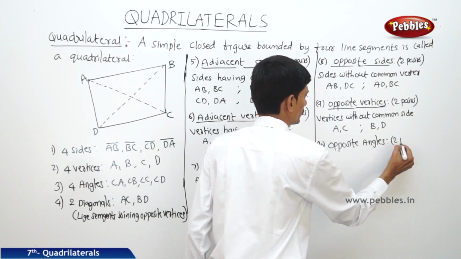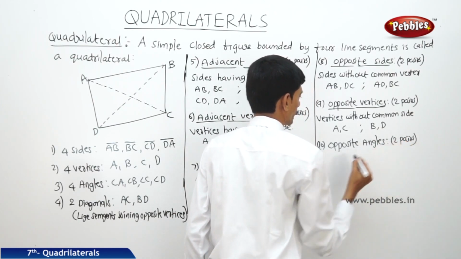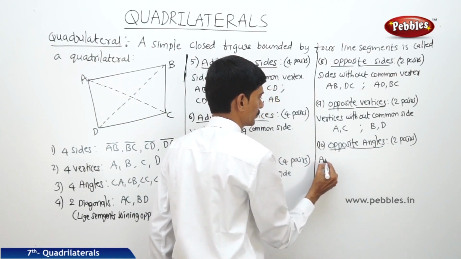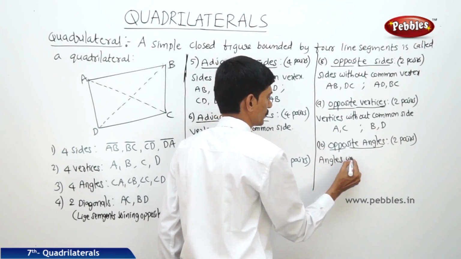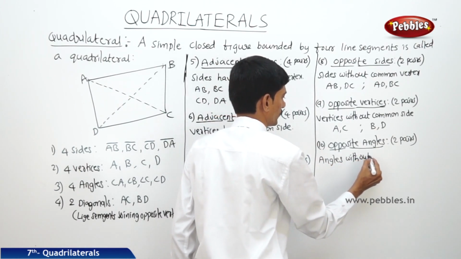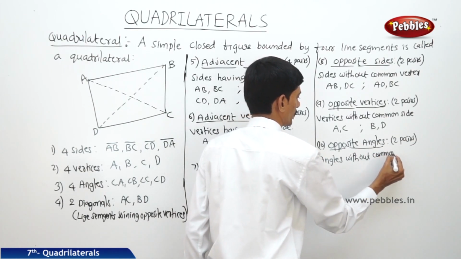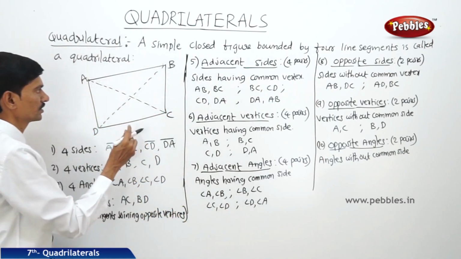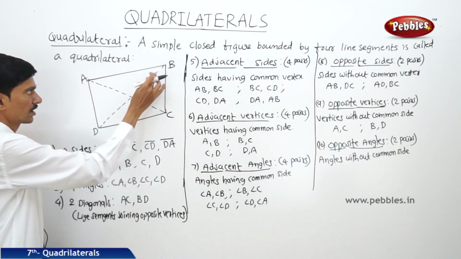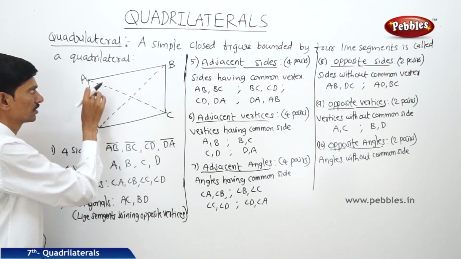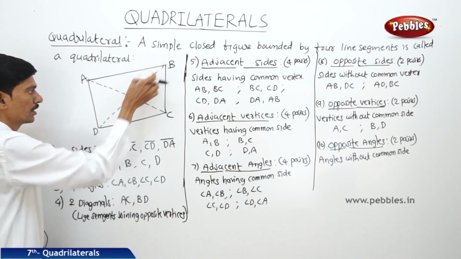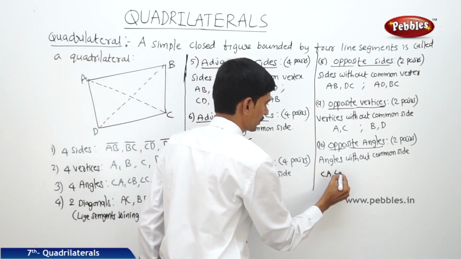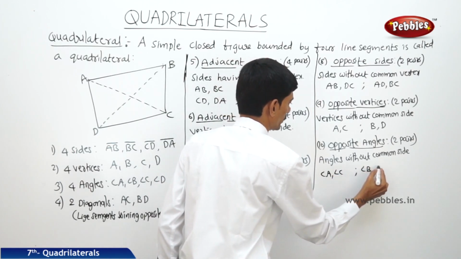These are also two pairs. The angles without a common side are angle A and angle C, angle B and angle D. These are the opposite angles.